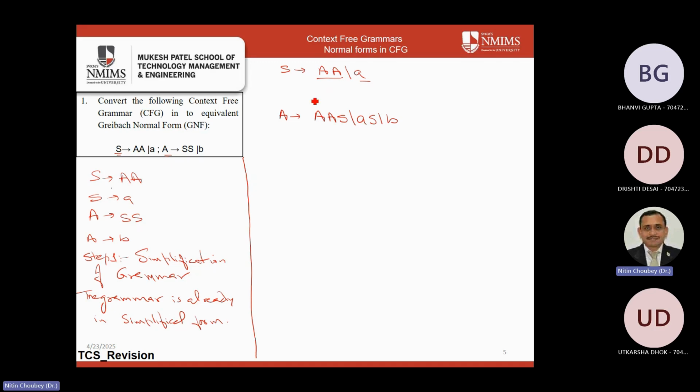So as a result, we have this, wherein if you see, this A is in the form of left recursion, where A is available here, and these two are already in GNF form. So we can very well write it in the generalized form like this: A gives A alpha bar beta 1 bar beta 2, where beta 1 is AS, beta 2 is B.